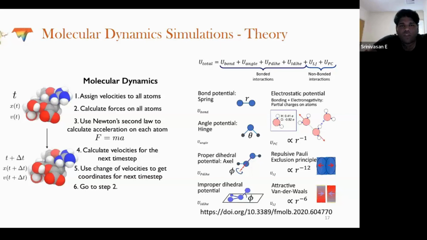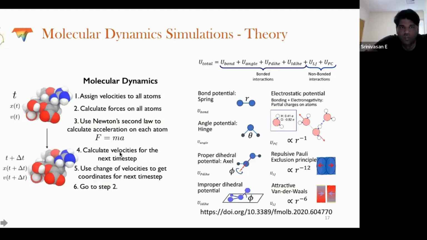Let me give a small introduction to what molecular dynamics is. In molecular dynamics, we assign velocities to the atoms, and then we calculate the force on the atoms using Newton's second law of motion, where force is equal to mass times acceleration. Then we calculate the velocity at the next time step, from t to t plus delta t, and use these velocities to get the coordinates for the next time step.